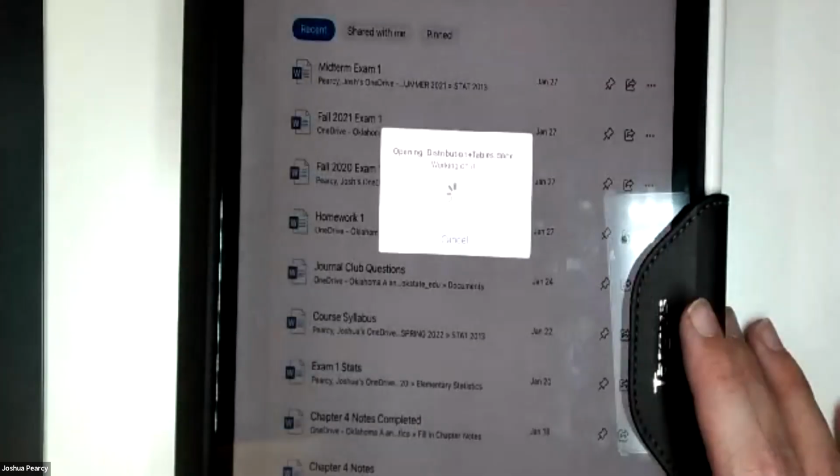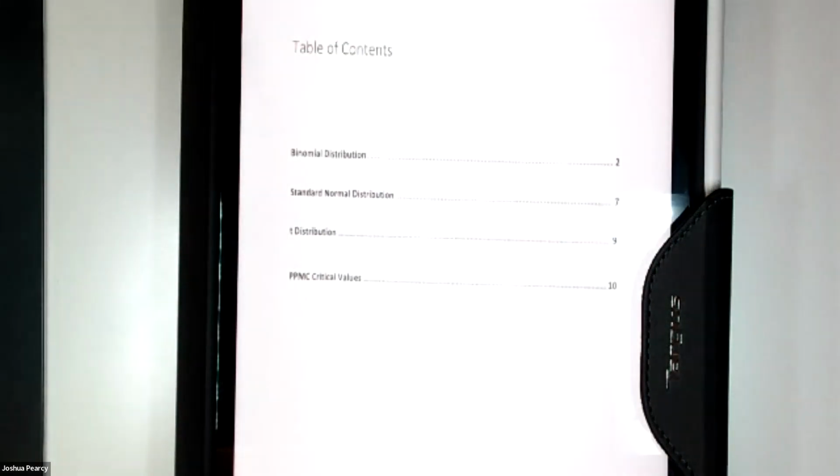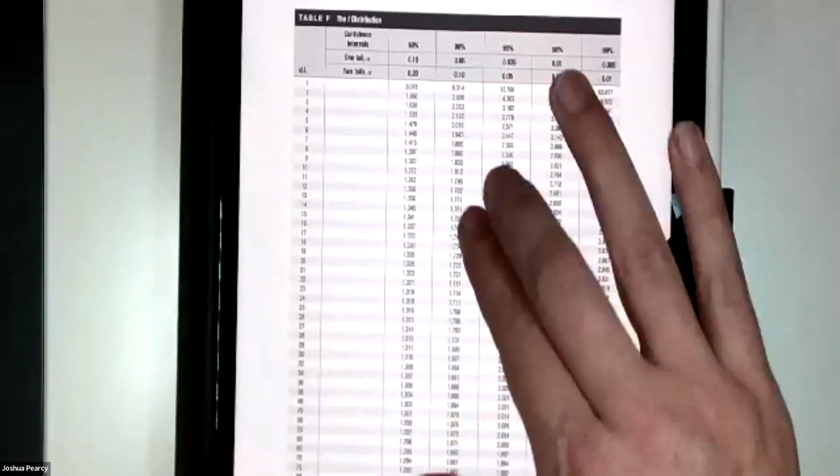Whoa, what in the world? Let's open it in Word, I guess. And there's your exam. Exam 3 Form A. Oh, gosh dang it. Here it is.